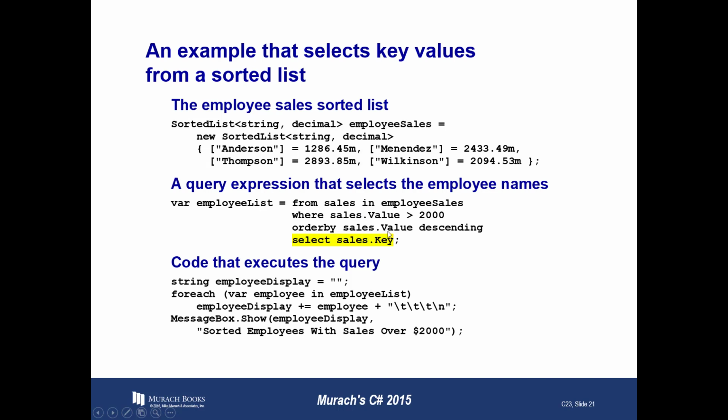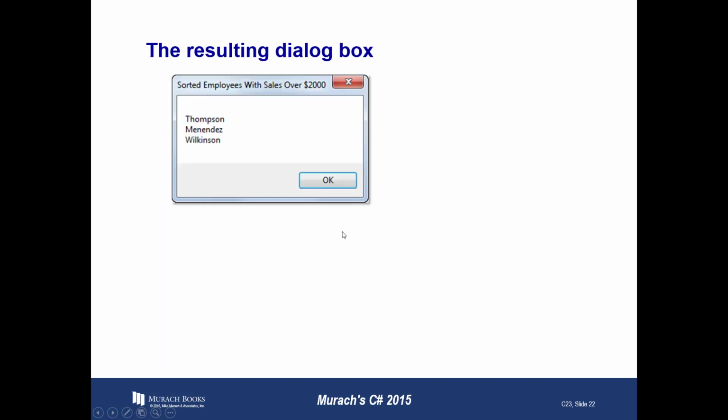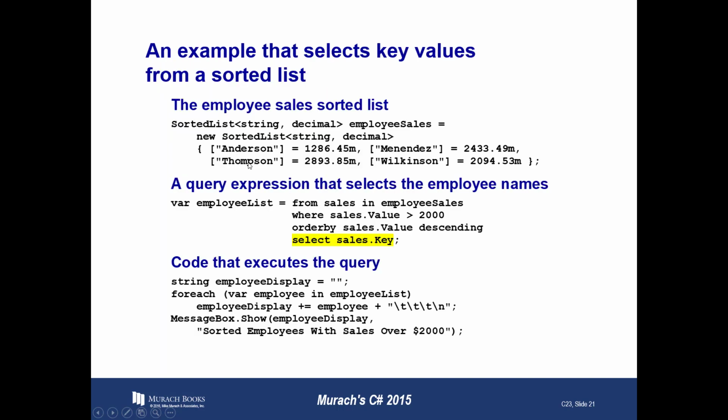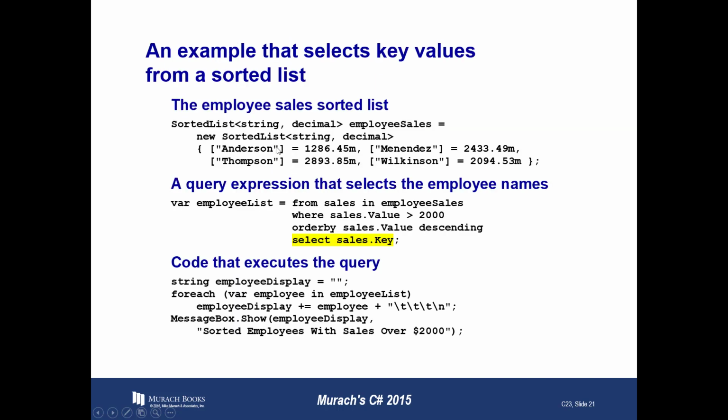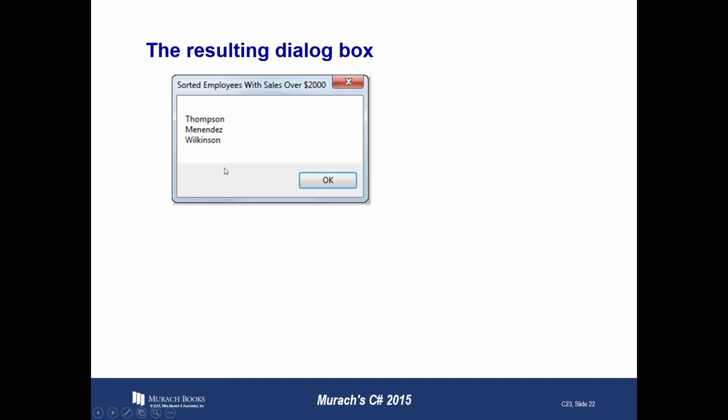Order by sales.value in descending order. Select sales.key. And key basically has been set up over here to be the name. All right, so who do we have in descending order? Should be Thompson, Menendez, Wilkinson, Anderson. And Anderson is not over 2,000, so Anderson is excluded from the list.